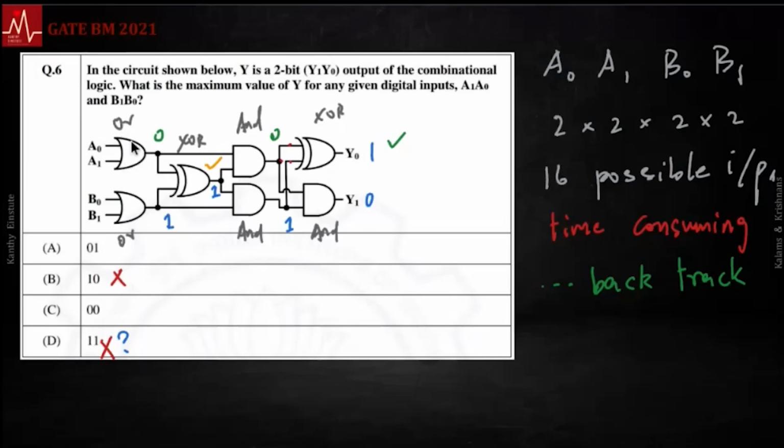Can I get a 0 here or a 1 here? Yes. There are many, many ways. There's an OR gate, there's an OR gate. Can I get a 0? That's the input. Can I get a 1 here? That's the input. I can get a 1 here for this case. I can also do 0, 1.